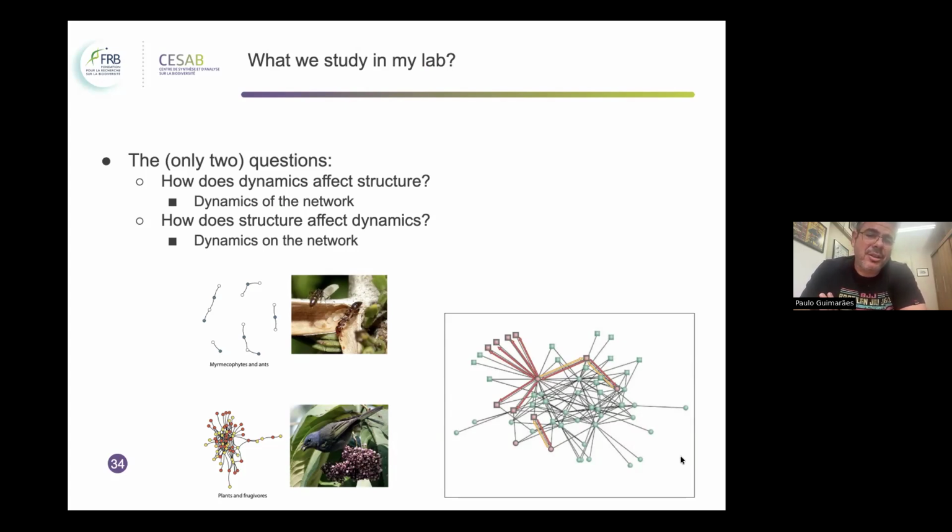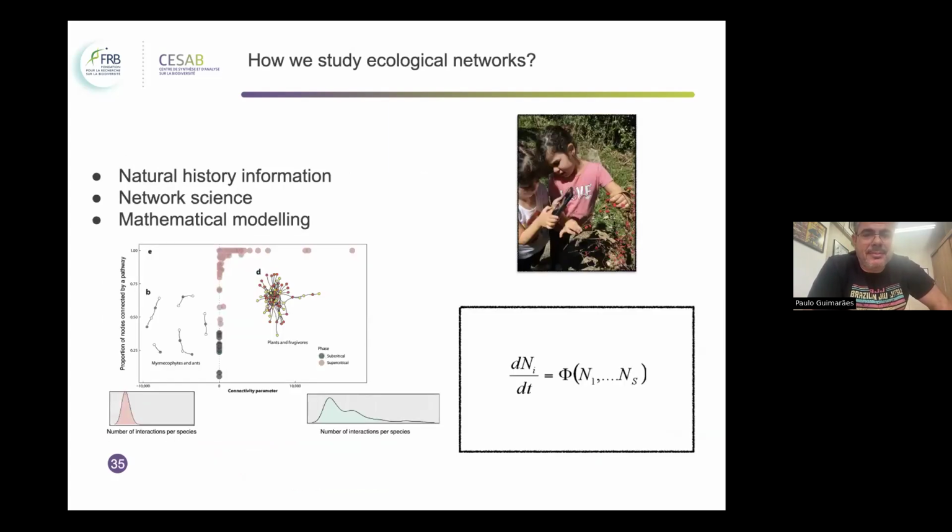How does structure affect dynamics? So essentially, we can use networks to make hypotheses about the assembly and disassembly of ecological systems. So this will be how does dynamics affect structure? Or we can think, if you have a particular network structure, how cascading effects will propagate through the system through indirect effects.